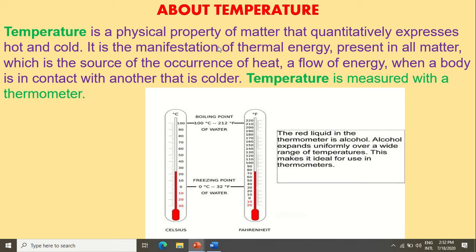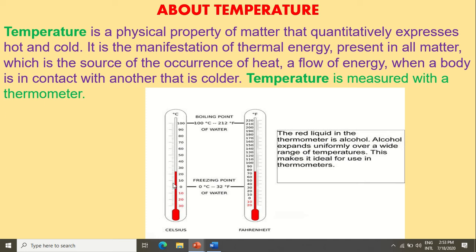It is the manifestation of thermal energy present in all matter, which is the source of the occurrence of heat, a flow of energy, when a body is in contact with another that is colder. Temperature is measured with a thermometer. So temperature is the thermal state of a body which controls the flow of heat from that body to another body and determines the direction of flow of heat.